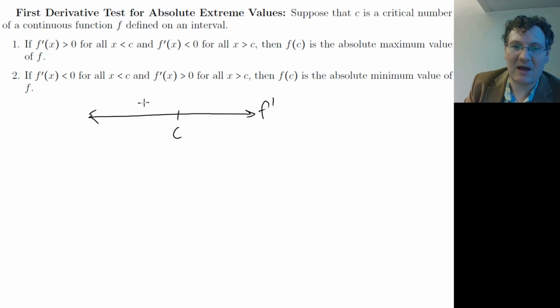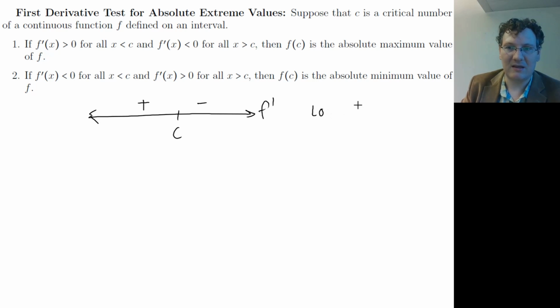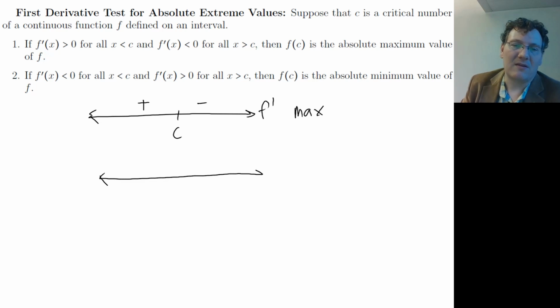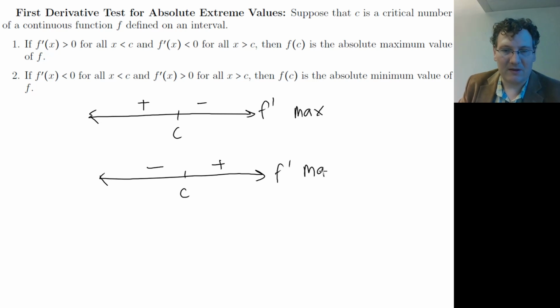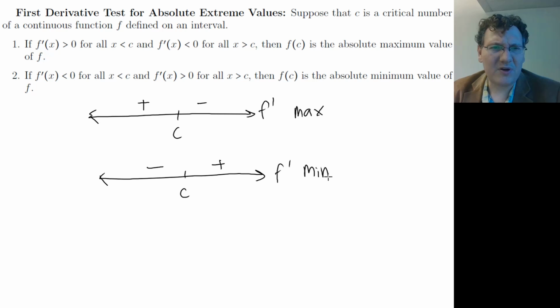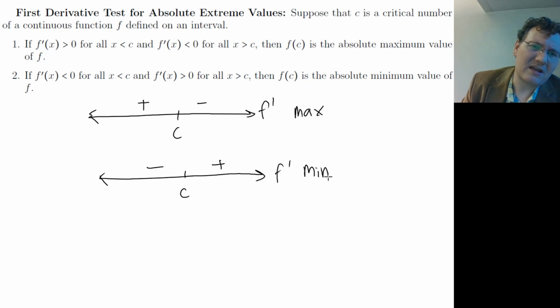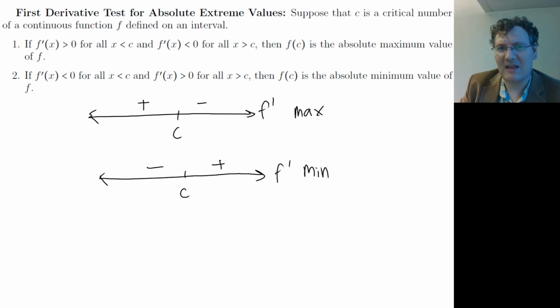If it's positive and then it's negative, then we have a maximum in that case. And if the first derivative graph looks like this, where it's negative and then it's positive, that means that you have found the minimum. But this is pretty similar to what we were looking at before with the sign graphs, so I don't think this is anything that's that new.